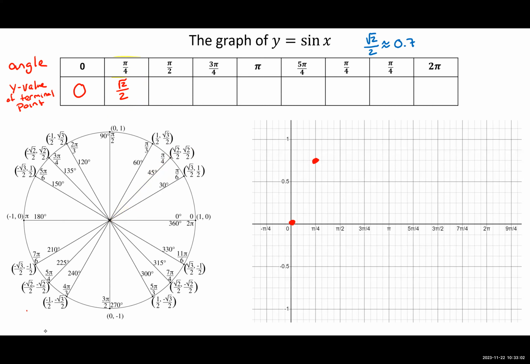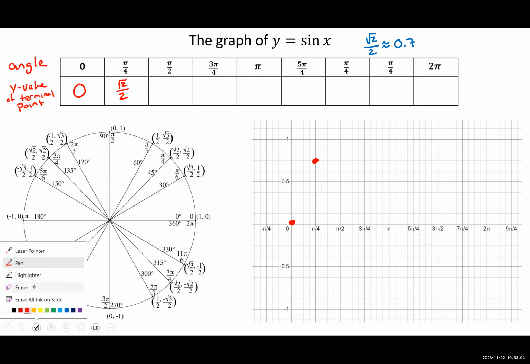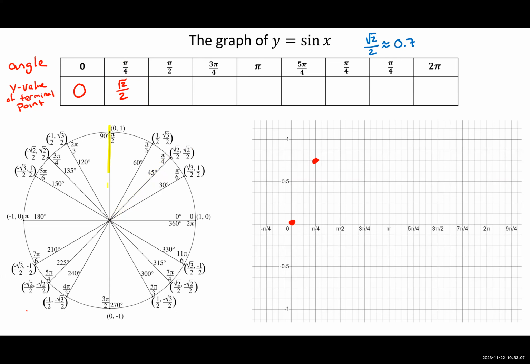All right, so now let's just cycle through our multiples of pi over 4. Right? When the angle is pi over 2, the y value of the terminal point is 1.